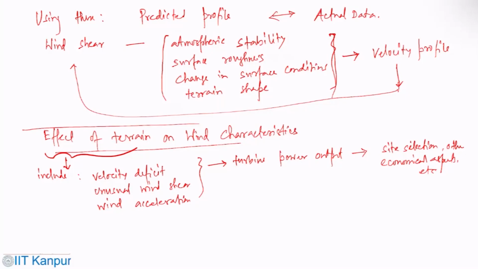So we can on one hand say that okay, we have terrains and all these things, but eventually it's going to impact your turbine power output. And once that is impacted, you tend to look at which site is to be selected, whether the other viable conditions or the economically viable. So there are different classifications of terrain.